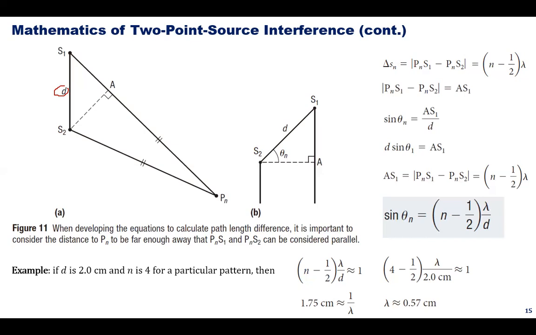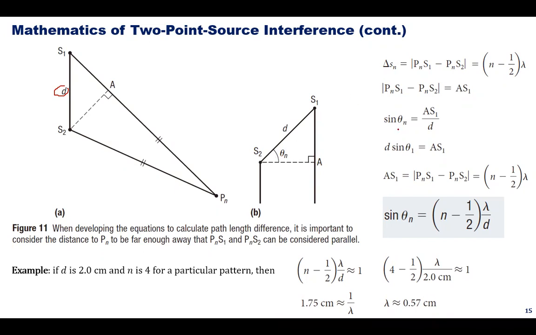So in figure 11b, the lines ΔS2, S1, S2, and ΔS1 form a right-angled triangle, which means that the difference in path length can be written in terms of angle theta n, which is here.